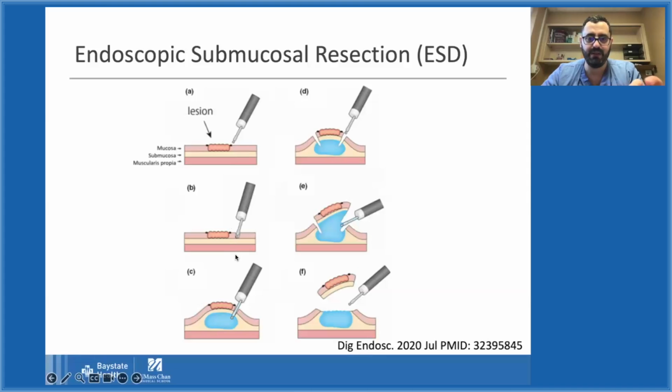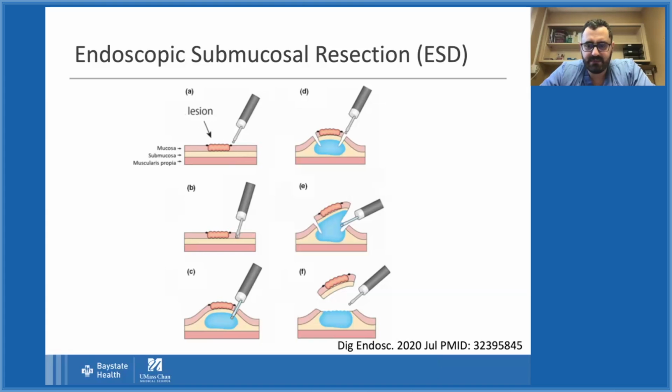We burn the mucosa, and then we inject fluid with a dye, and then we start cutting around the polyp, and then we start cutting beneath the polyp until the entire polyp comes back in a single piece with safe normal margins, as you can see here. Okay, this is a novel technique. This was invented in Japan, and people have been practicing this in the US for the last probably 15, 20 years, maybe.